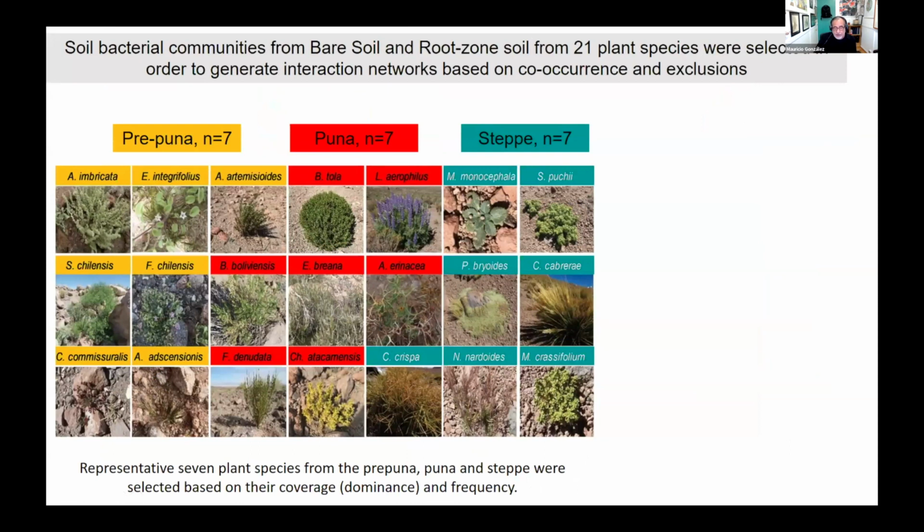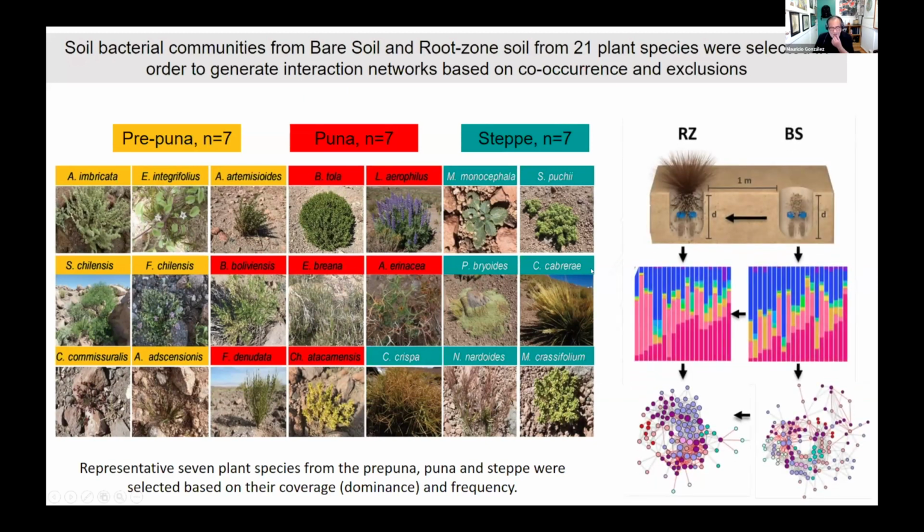In order to assess how each plant community influences the ecological interactions of the soil bacterial community in this extreme ecosystem, we selected 7 representative plant species from pre-puna, puna, and steppe. In total, we obtained 126 soil samples that were collected from the rhizosphere or bulk soil close to each plant.